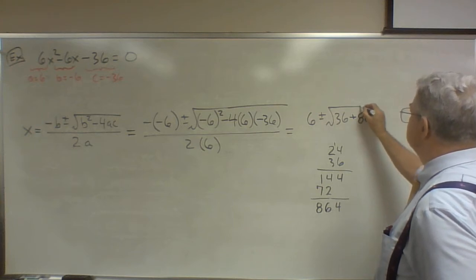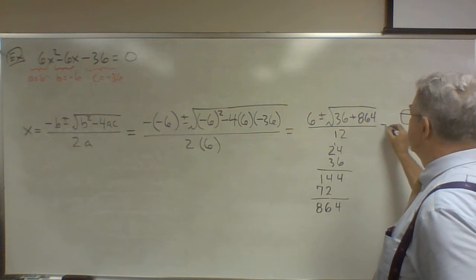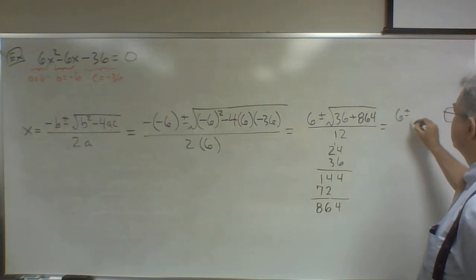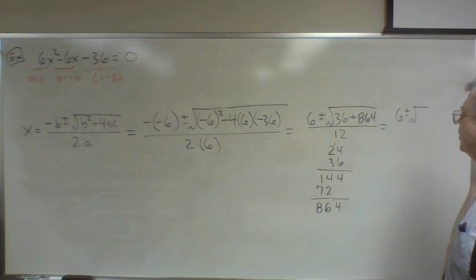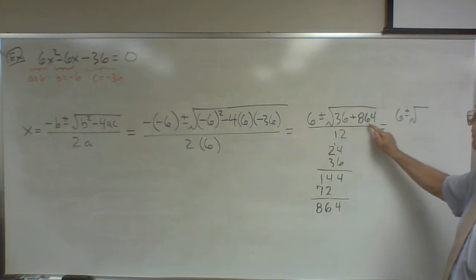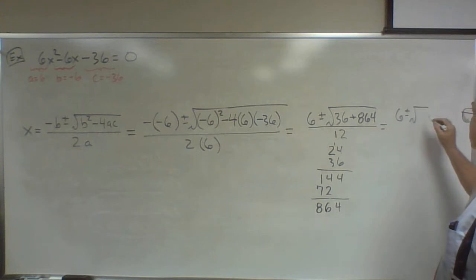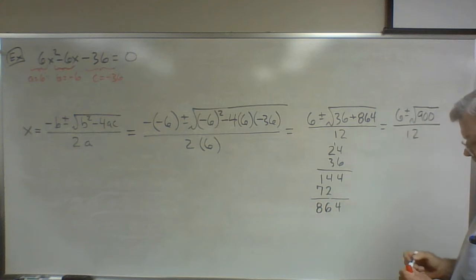Oh my goodness. Oh, wow. Wow, wow, wow. If we add 36 to 864, that gives us 900, a perfect square. Oh, that's great. Over 12.